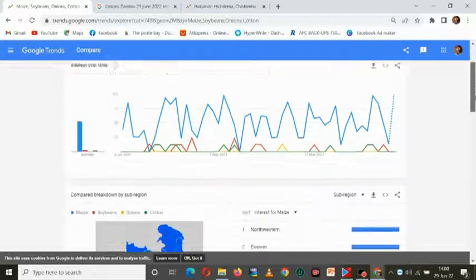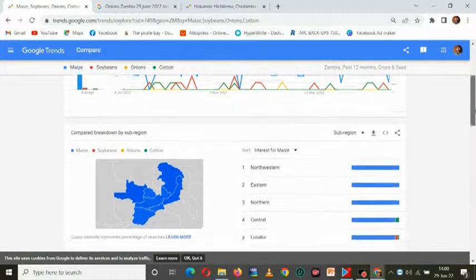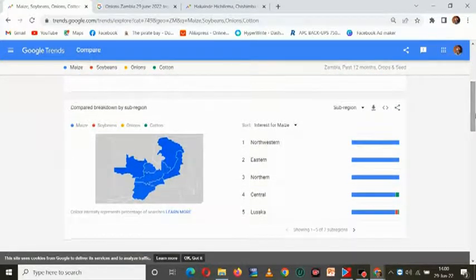Now, when you scroll down here, you can see where this was mostly talked about. Now, you may wonder why I'm saying talked about instead of searched. If people are going to search for an item on the internet, they must be talking about it. And if they are talking about it, that means they are interested in that product.